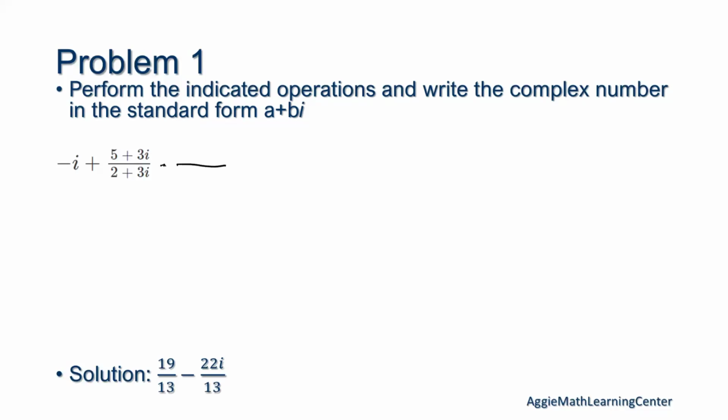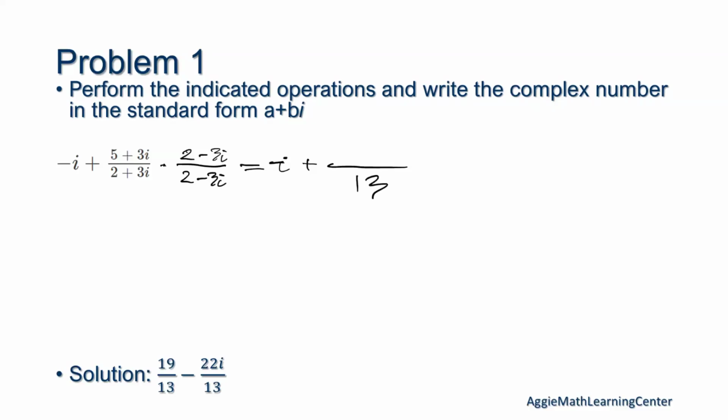So that will be 2 minus 3i on both the numerator and the denominator. That will get us the negative i out front plus 4 minus 9i squared, which will simplify to be a positive 9. That'll just give us a 13 in the denominator.